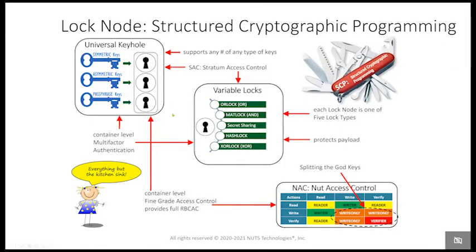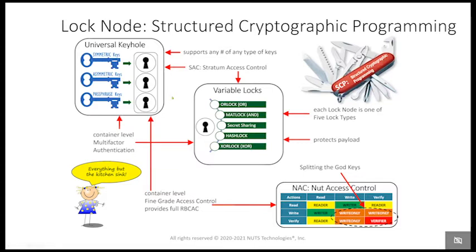Let's take a peek inside the lock node at the various layers of security that protect the payload within it. I call this technique structured cryptographic programming. We start with a universal keyhole that supports any number of keys of any type, so symmetric, asymmetric, and passphrase. Automatically, right there, if we use the keys right, we could actually generate multi-factor authentication for the payload, for one lock node payload.